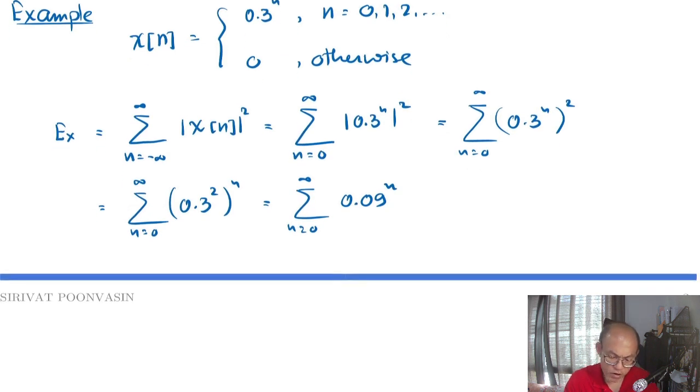If you recall from your high school algebra, this is a geometric sum, and the value is equal to 1 over 1 minus 0.09. I'm going to use my calculator to see that this is about 1.1.